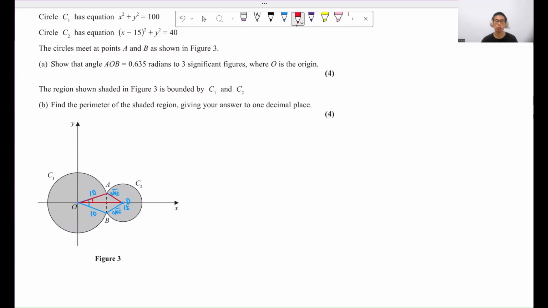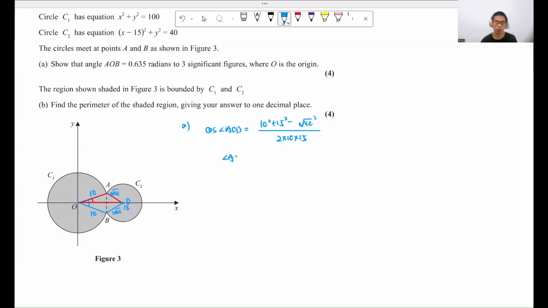Because we know this side is 10 and this one is root 40 and then the longest one is 15. So to use the cosine rule, cos of angle AOD is equal to 10 squared plus 15 squared minus root 40 squared, which is the opposite one, and then divide by 2 times 10 times 15.